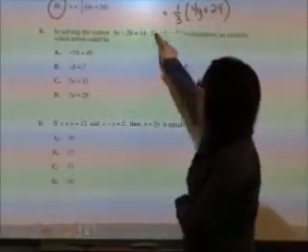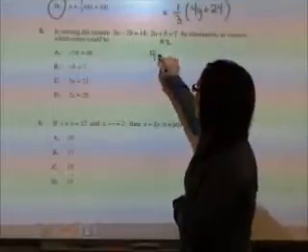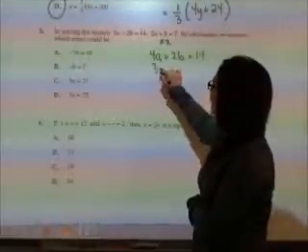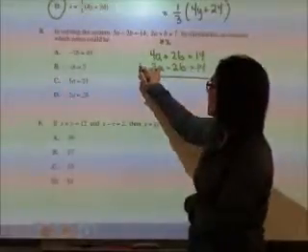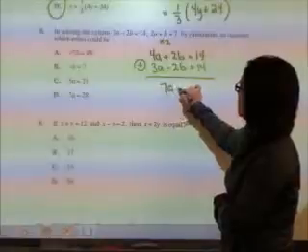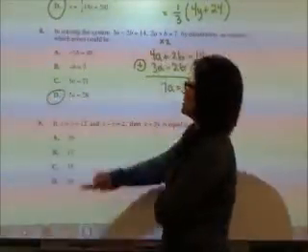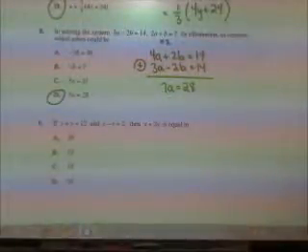Because if I get rid of the b, I just have to multiply this one by 2. So I get 4a plus 2b equals 14, and 3a minus 2b equals 14. I would add them together, and I would have 7a equals 28, which becomes d. If I had tried to eliminate the a's, I would have had to multiply both equations by a factor.